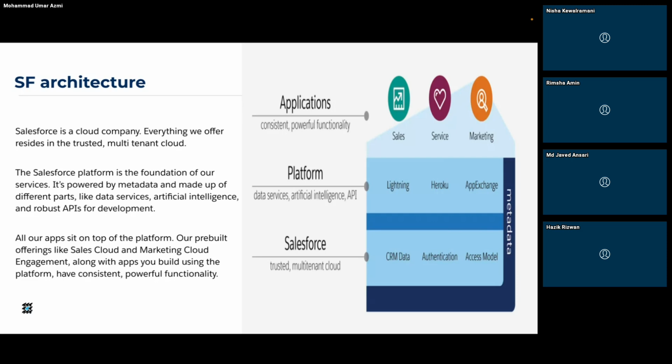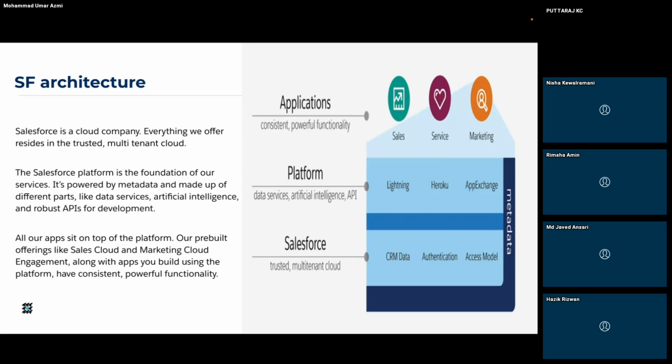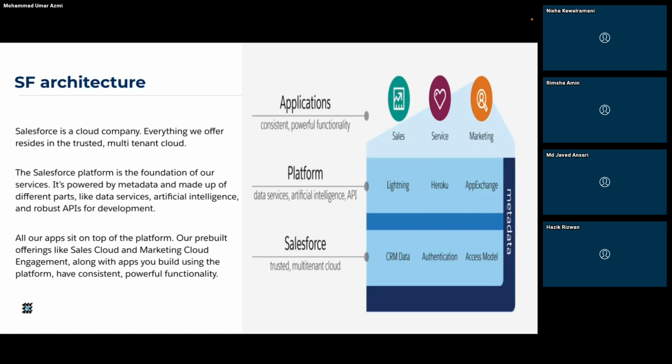Because we have different authentication methods to log into the Salesforce org, protected using multiple authentication factors. Within that, we have the access models, which provide the security of the system so that users have specific access based on a lot of factors. So that is the base of it. Then on top of it, we have the platform.